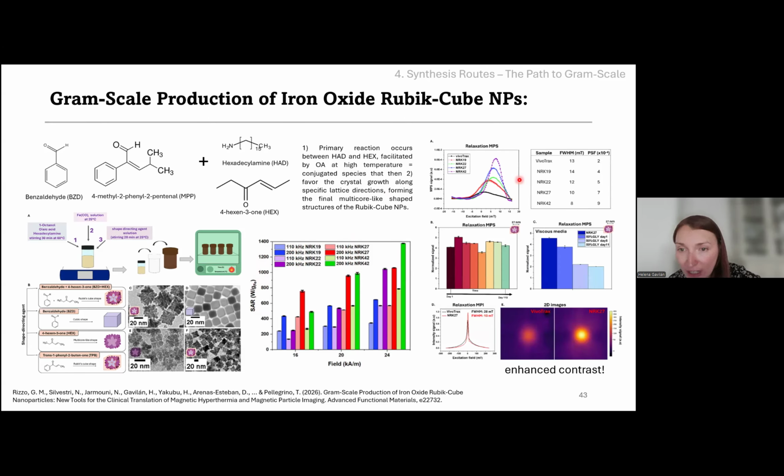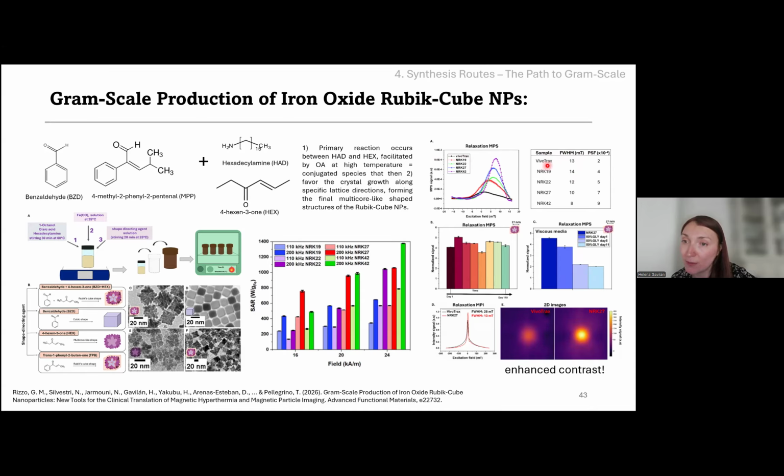We can also see that in comparison with Vivotrax, these particles had a much more intense MPS signal, especially those of 27 and 42, okay? So you can see that the signal is more intense and the width is reduced.